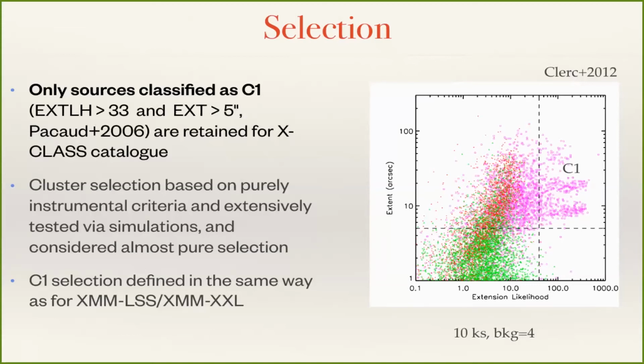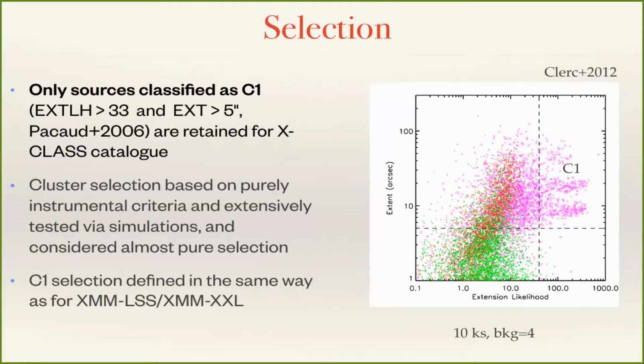The cluster selection was based on purely instrumental criteria, and it was extensively tested via simulations. Here in this plot, you see the extent of the emission and the likelihood of this extent. With green, you see the point sources, with red, spurious sources, and with purple, the clusters. So the C1, the class 1 clusters that we select for the X-CLASS catalog, is supposed to be a pure selection.